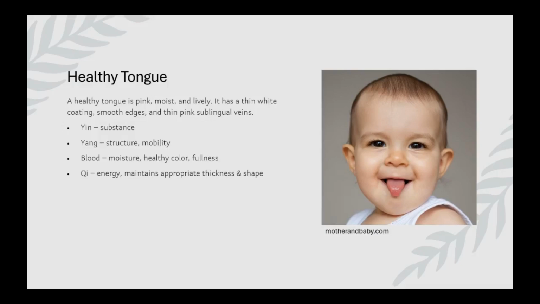So this baby pictured here, you can take a look at the tongue. She is holding a little bit of tension in the tongue, but typically it would be a little rounder.